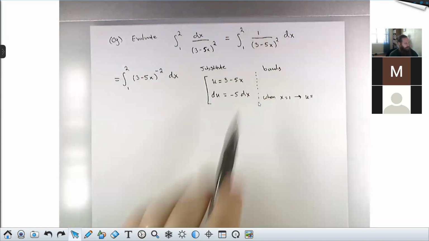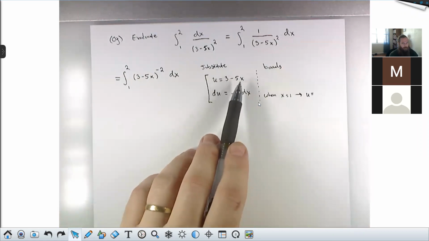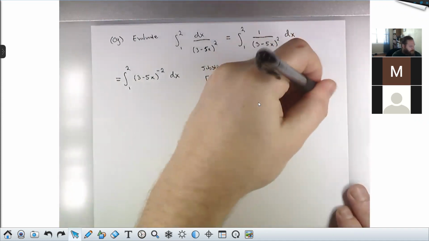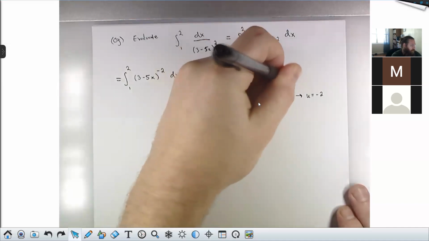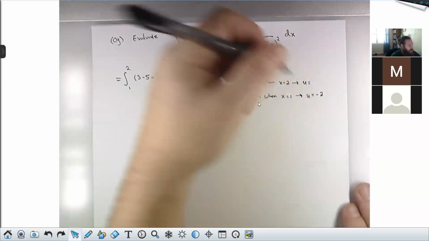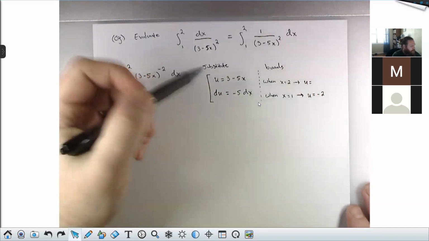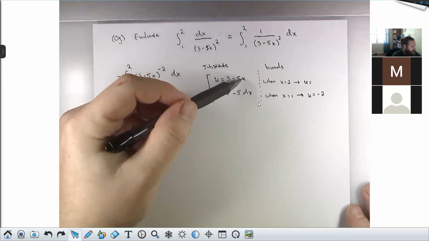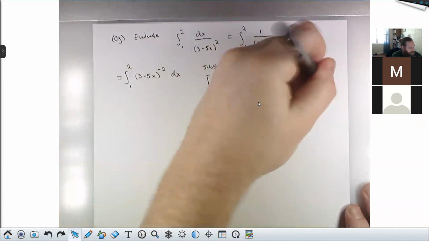If I plug 1 in for x, then u becomes 3 minus 5 times 1, which is 3 minus 5, which is negative 2. And when x is equal to 2, what do we get? Negative 7. We'll have 3 minus 5 times 2. 5 times 2 is 10, so that's 3 minus 10, which is negative 7.